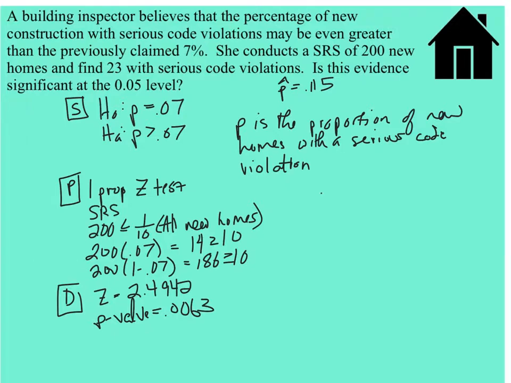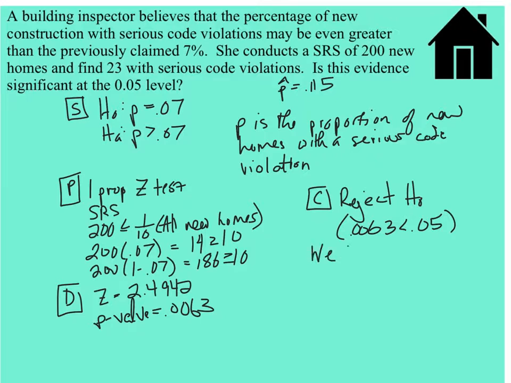So now we conclude. So we would reject the null. Again, it's because our p-value is less than the significance level we were given. And now let's write down in context what that means.